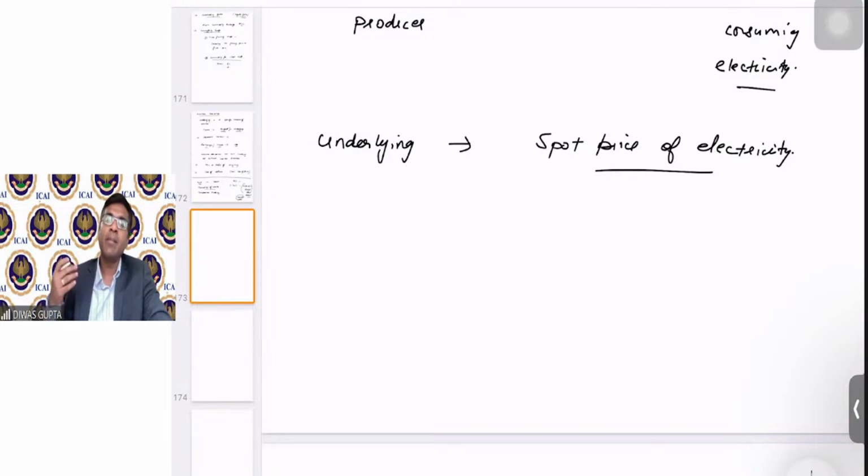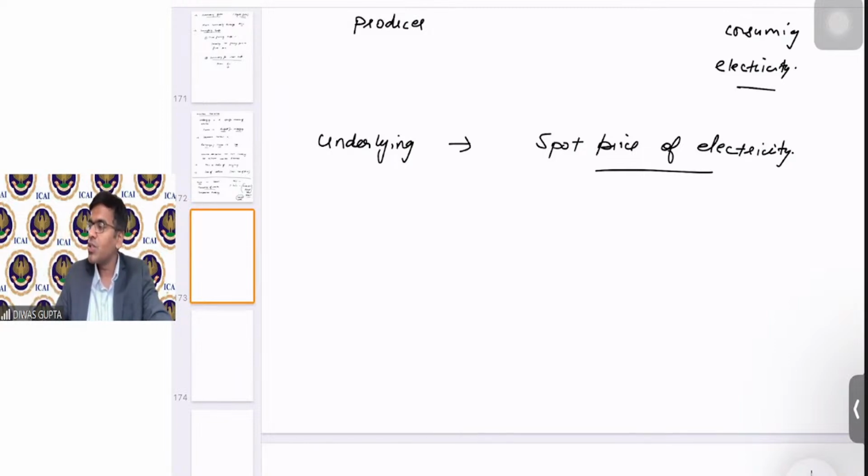Because I'm not sure what the rate would be after 5 years, so better I agree today on that basis. The concept remains the same for forwards, futures and options. The underlying in this case becomes the spot price for electricity, students.